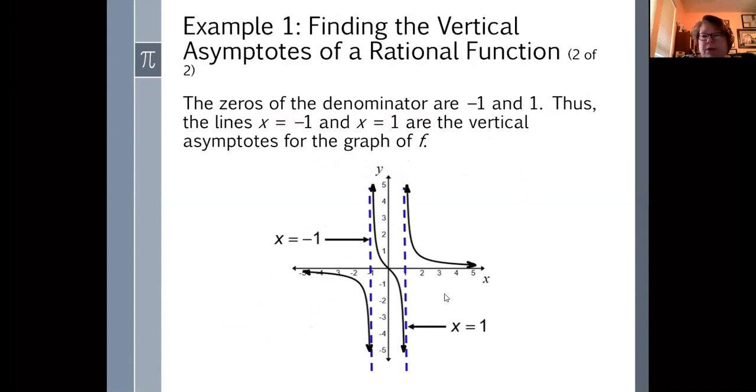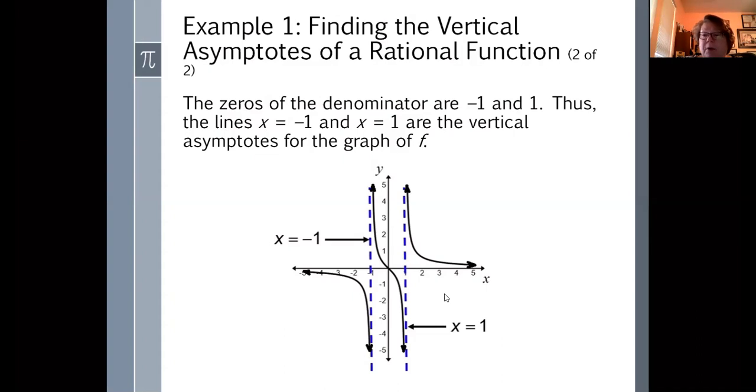As x approaches the line x equals -1 from the negative direction, it decreases without bound. In between those two vertical asymptotes, it increases without bound as it approaches the line x equals -1 from the positive direction, and it decreases without bound as it approaches the vertical asymptote x equals 1 from the negative direction.